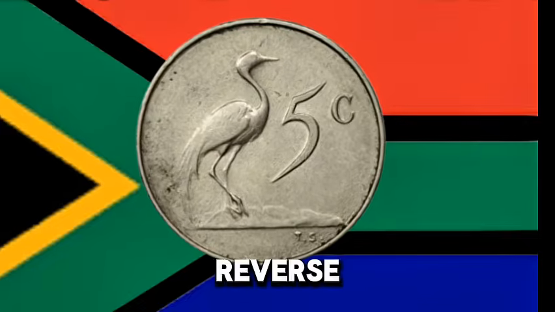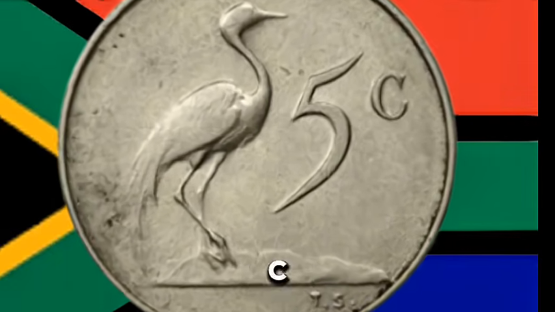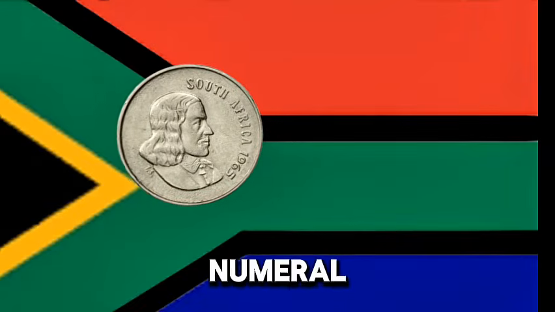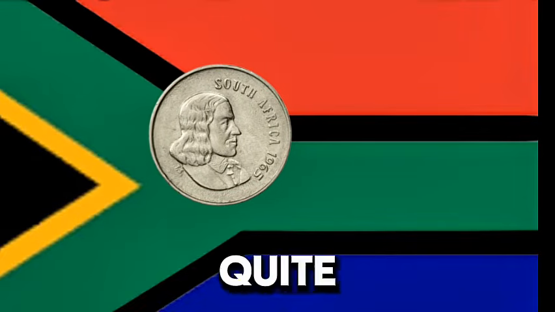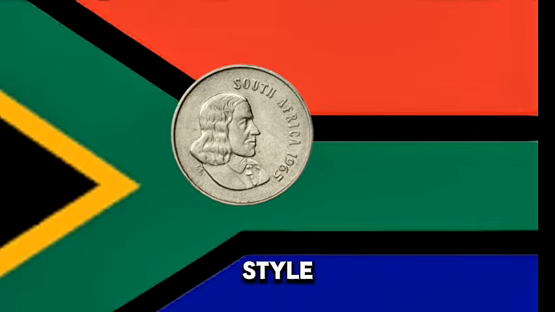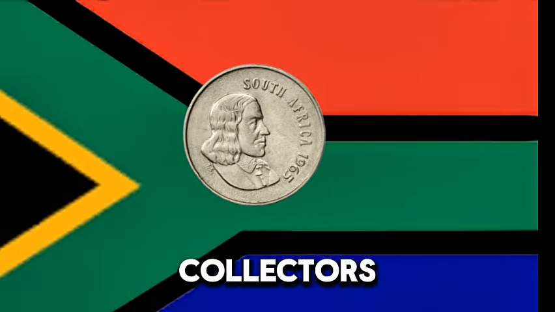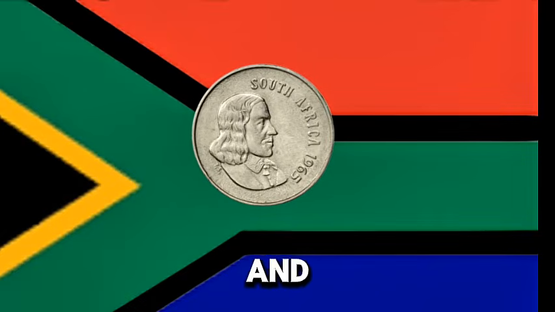The crane on the reverse is surrounded by the denomination 5C, with the C for cents placed beside the numeral. This side of the coin is quite minimalist yet meaningful. It combines artistic style with national symbolism, making it a favorite among collectors who appreciate both art and history.